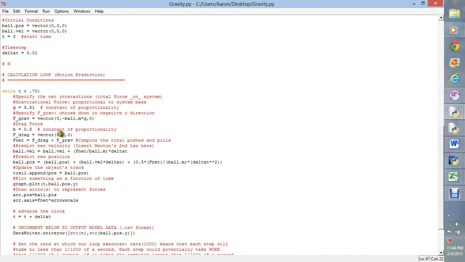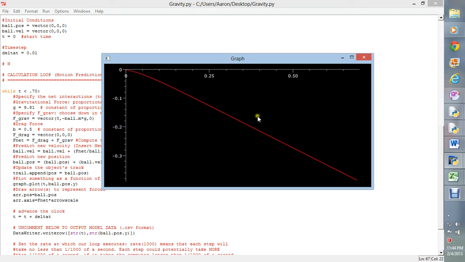So as the velocity got bigger, the drag force got bigger, which made the net force approach 0, which is why the graph ended up looking linear as the net force approached 0.